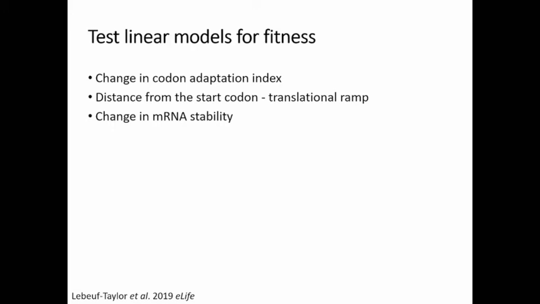We also looked at change in mRNA stability, and this was just through prediction. We didn't directly measure mRNA stability in these mutants, but we used software to predict mRNA structure and look at the change in free energy from the wild type to the mutant structure. These are all things people have thought about as being important for fitness effects of synonymous mutations previously.